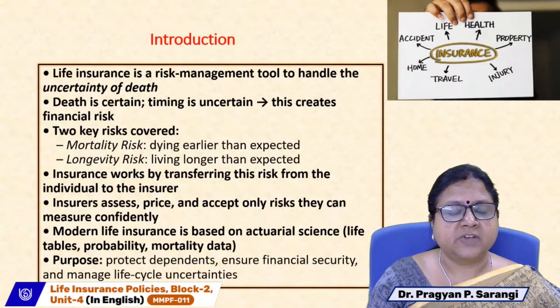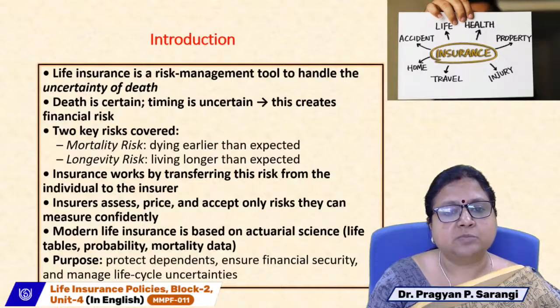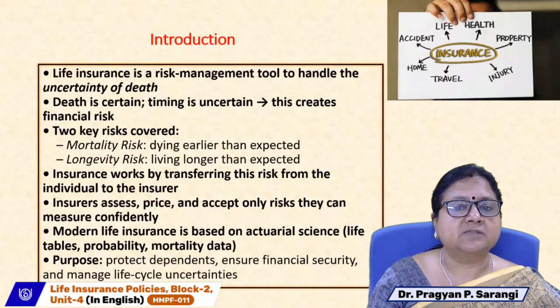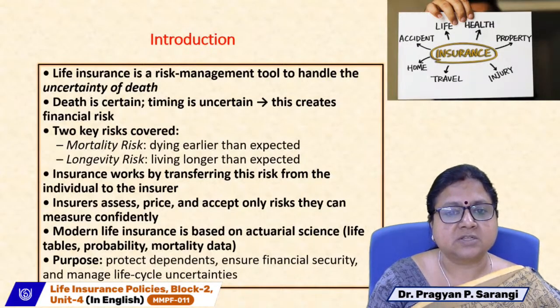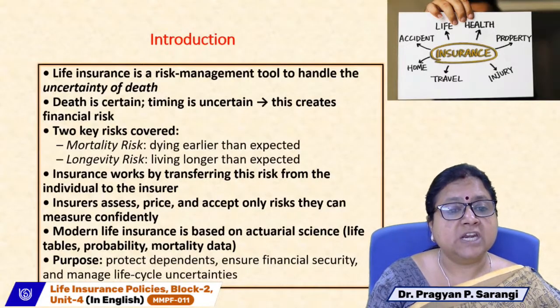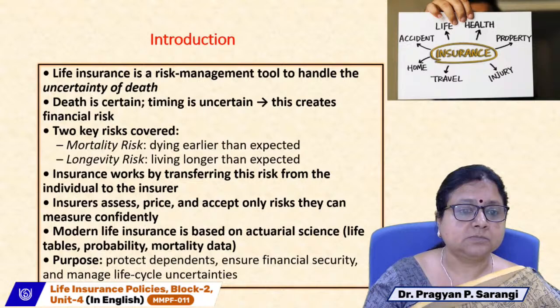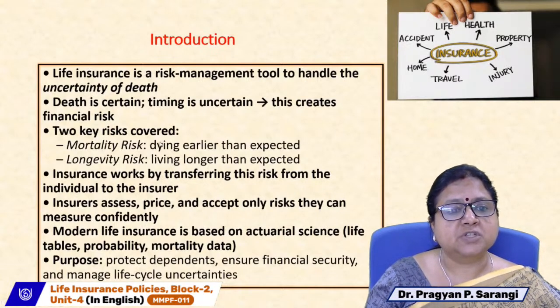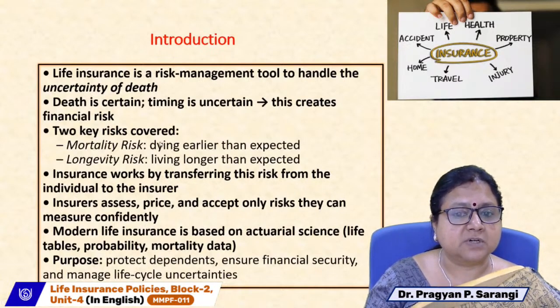Now, when death is uncertain, that means no one knows when the time of death will come. So this definitely creates a financial risk in the mind of the person who is earning income for one's family. So in this type of insurance, basically two types of risks are covered.